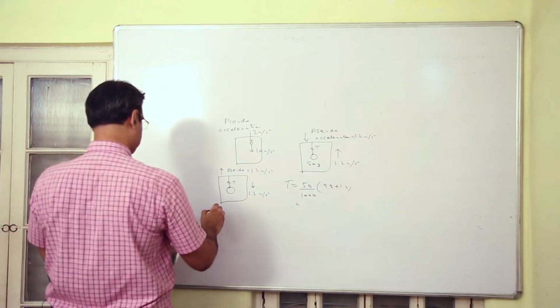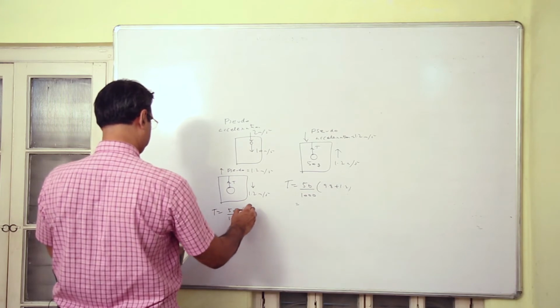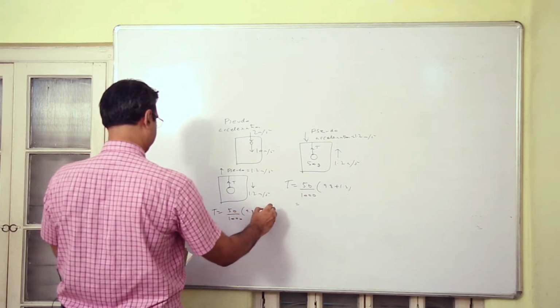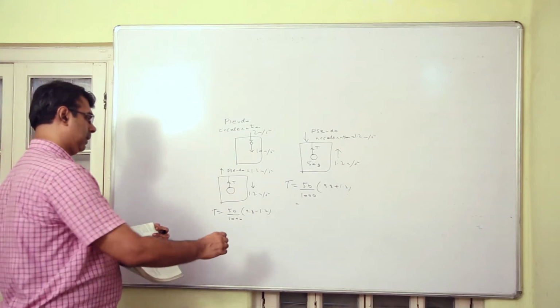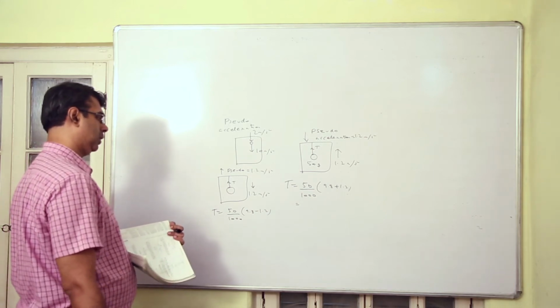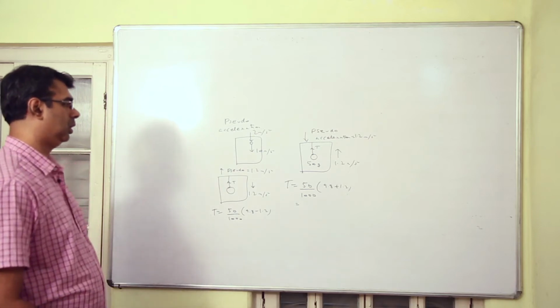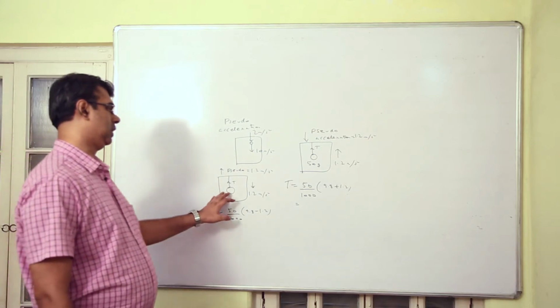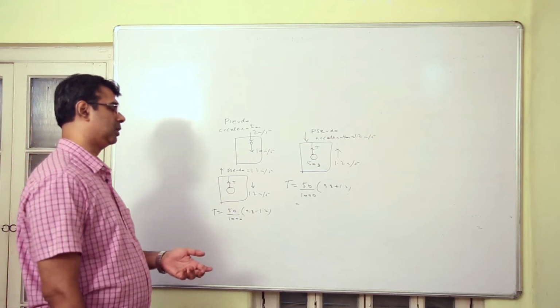So in this case the tension will be 50 by 1000 into 9.8 minus 1.2. So this will be the answer if the elevator is going down with an acceleration of 1.2. Now suppose in the same question you were told to find the tension if the elevator is going up or down with uniform velocity.